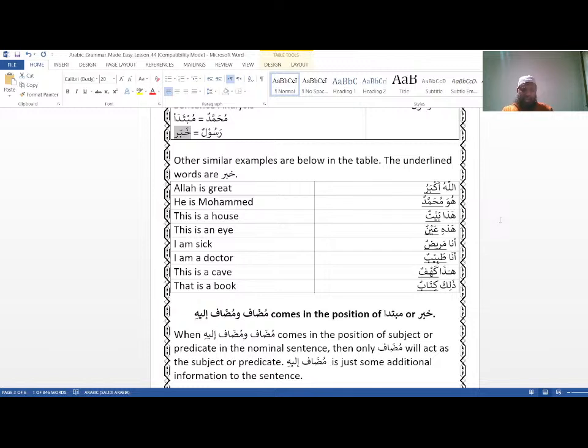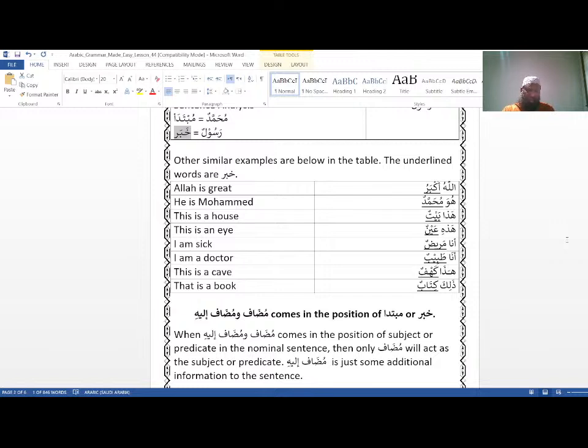Mudaf and mudaf ilayh come in the position of mubtada or khabar. So murakkab naqis, as we've learned, can come as khabar, also can come as mubtada. But because we're talking about khabar, we'll give both examples.